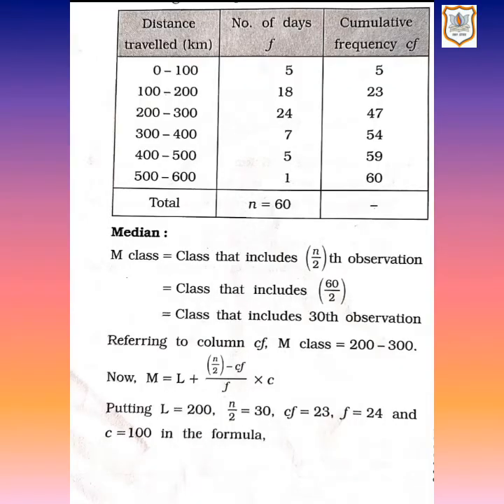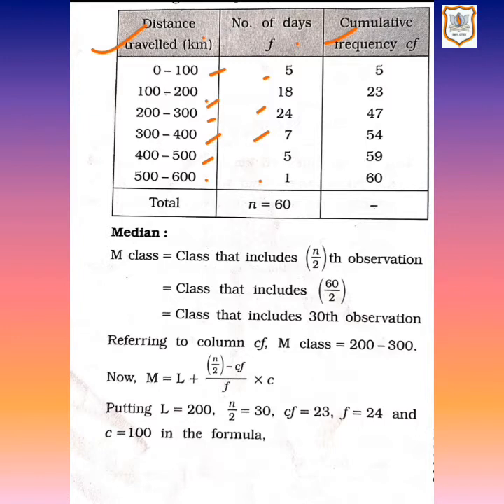So here we have prepared the table. In the table, we have prepared the distance column, number of days, that is frequency, and then we have taken out cumulative frequency. We have written classes 0 to 100, 100 to 200, 200 to 300, 300 to 400, 400 to 500 and 500 to 600. We have written frequency as it is from the question. Now cumulative frequency, that means CF, we have to find out.